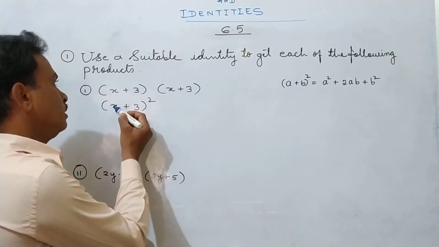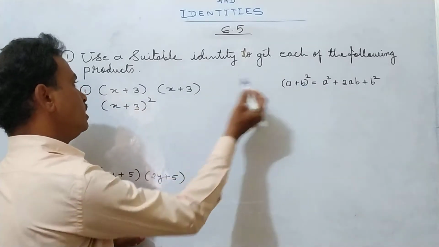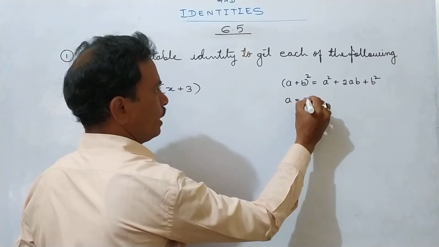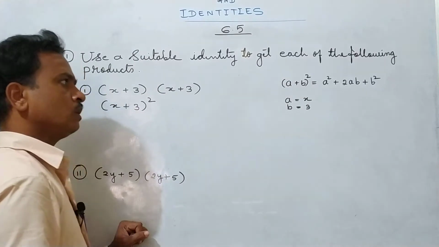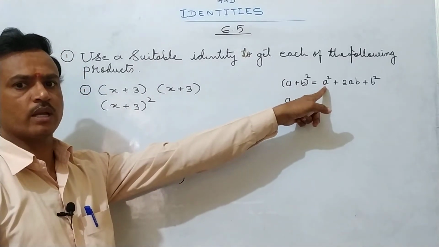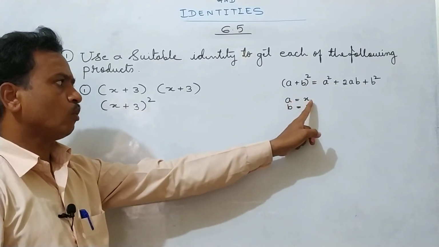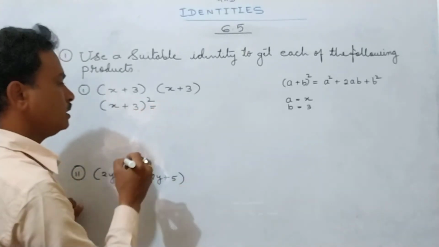Here a is equal to x, then b is equal to 3. Now according to this identity, what is the first term here? A square is there. Here a is equal to x. So this one we should expand.